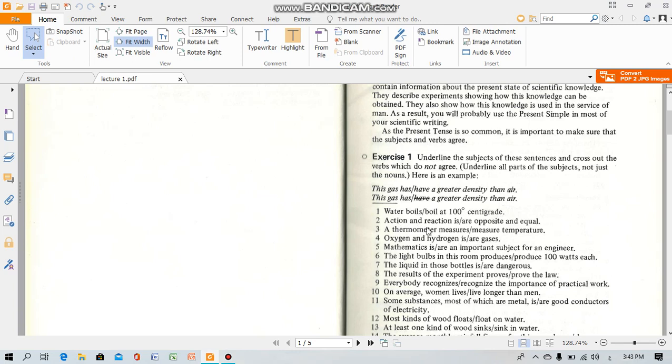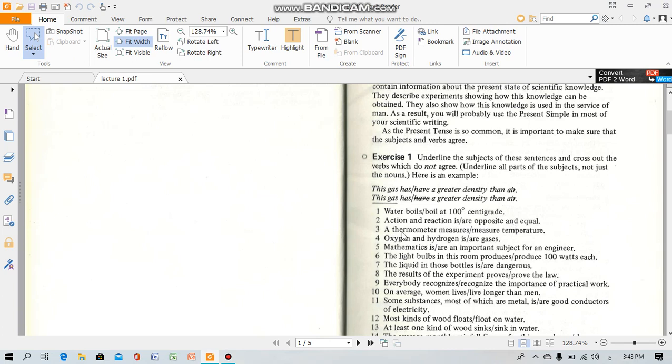Since we have two nouns here, action and reaction, we should select are, not is, which is used for the singular. Okay, so now the sentence became action and reaction are opposite and equal.